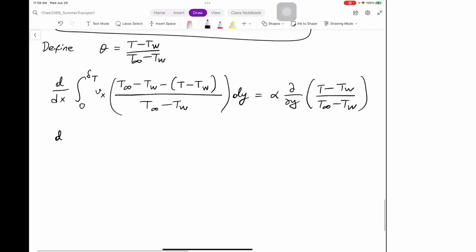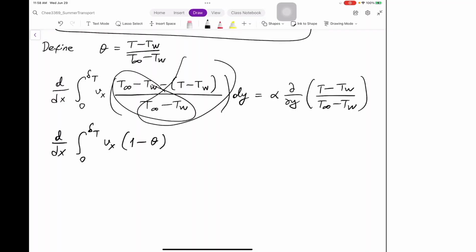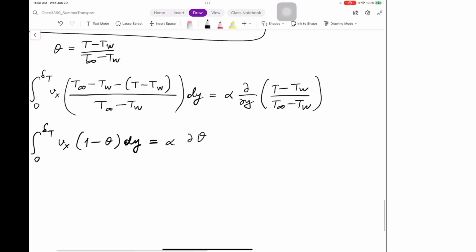From here you get d over dx, integral from 0 to delta t, Vx times 1 minus theta, because this thing is 1 and this thing is theta, dy is equal to alpha del theta over del y, because this entire thing is theta.